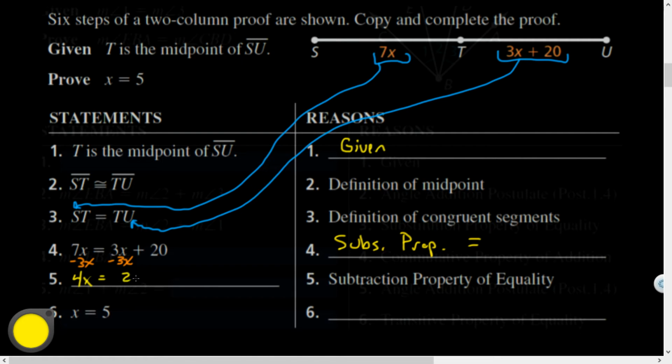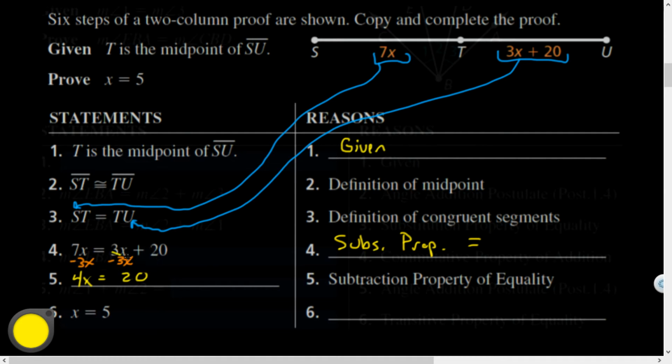So I'm going to get 4x equals 20. The reason that's true, subtraction property of equality. Now notice that your book doesn't consider that a step. That's like your work. It might be a good idea for you to still write that down, although you don't have to give your reason for it.